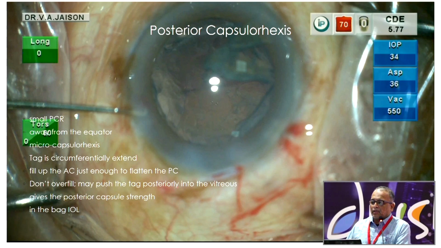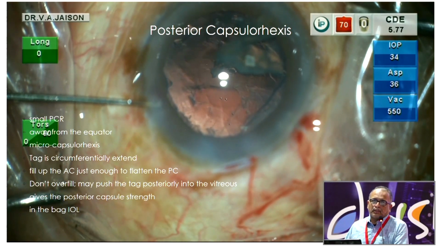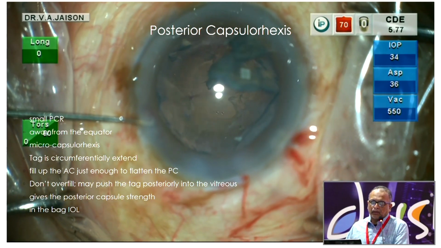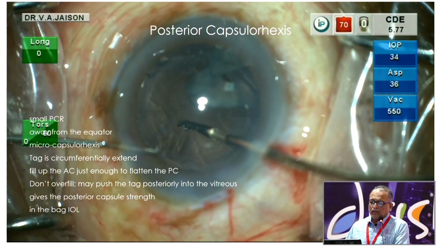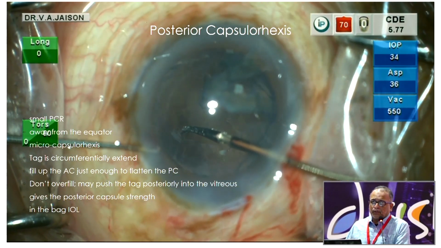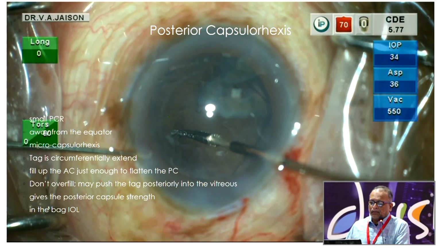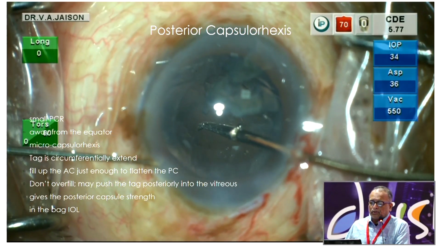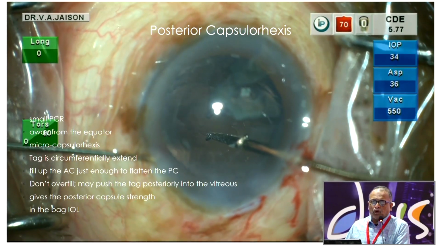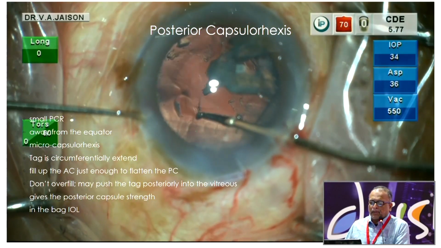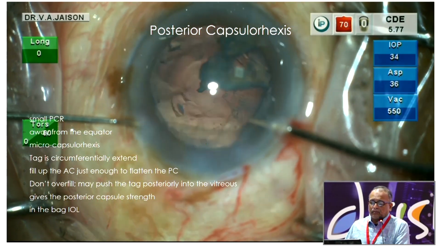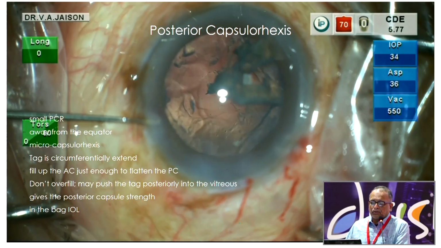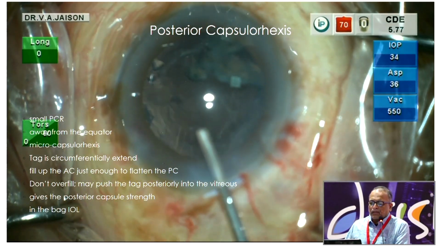Next comes posterior capsular rhexis. That is another thing you can do when you have a retained nucleus fragment in the back. You can do this rhexis for small PC rents only, if it is away from the equator. If it is in the equator, you cannot do this technique.